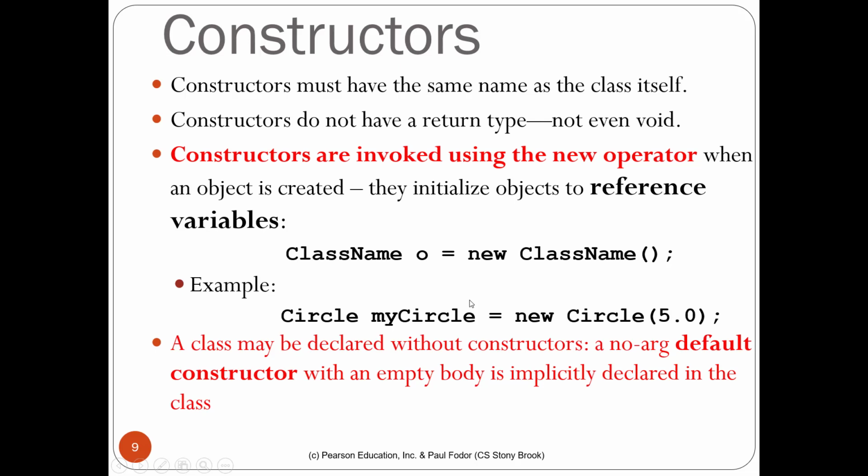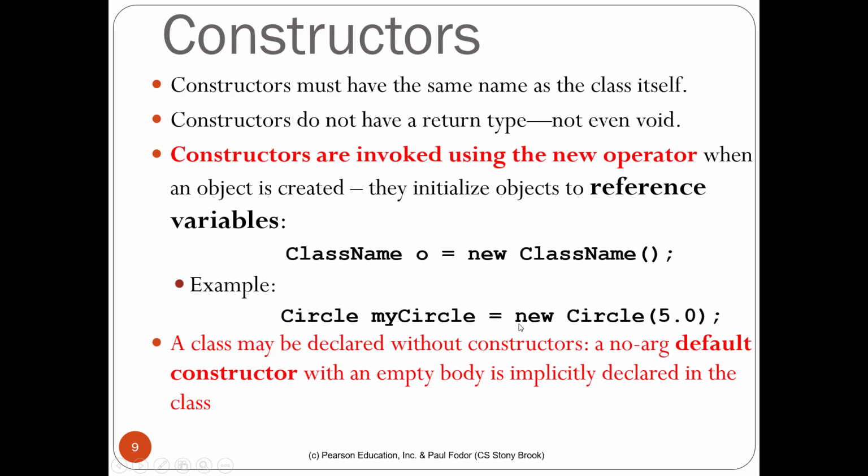Now let's be specific. Let's think about an example for the class that we have created, the Circle class. So myCircle is an object. Its type is Circle class, and how do you create this object? For that, you'll have to call the constructor Circle(5). And how is a constructor invoked?